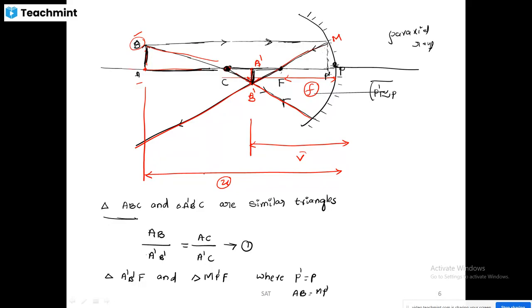For similar triangles here, the ratio of the opposite side A dash B dash should be equal to the ratio of the next triangle's opposite side. So this is MP dash.